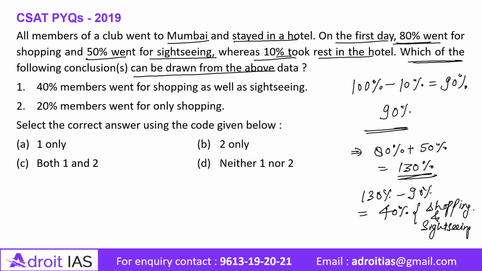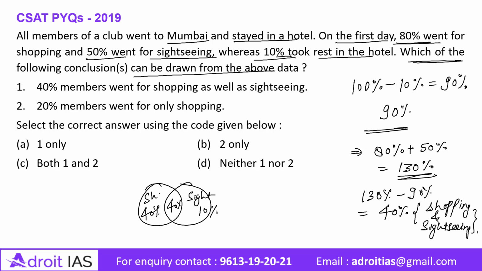Okay, so if I want to draw this, then it can be drawn like this: shopping and sightseeing. So this 40% and this 10%, right? So this is like this.